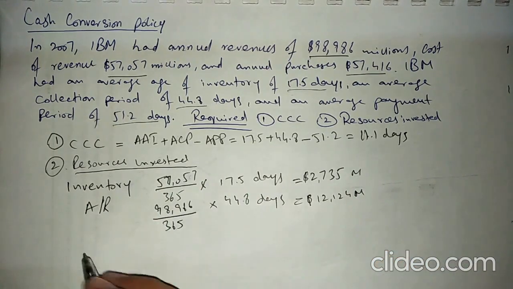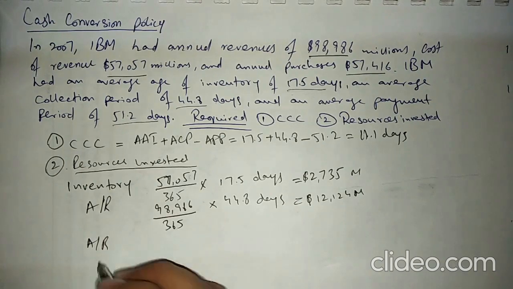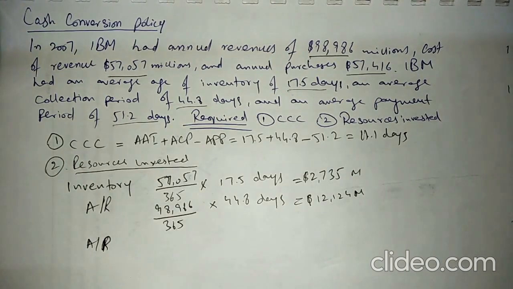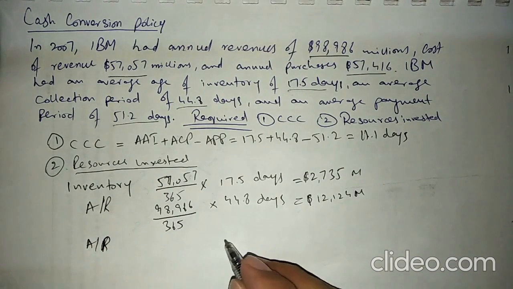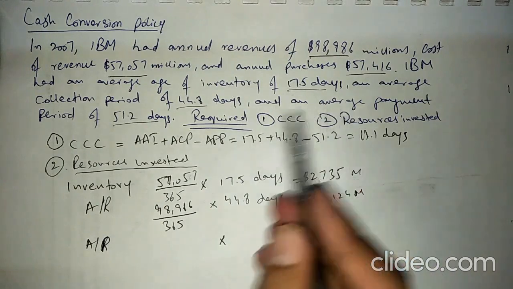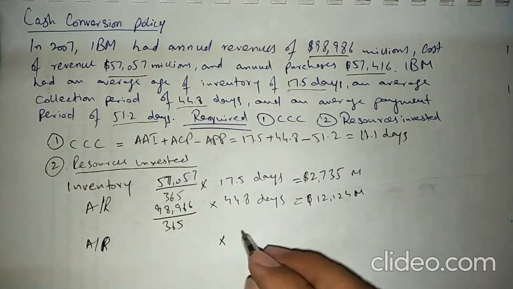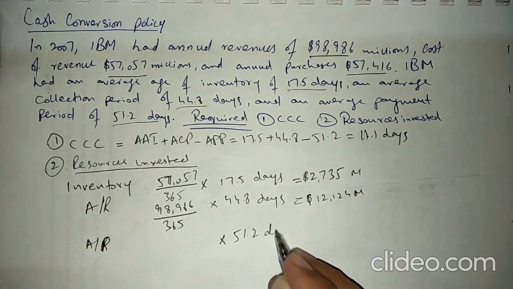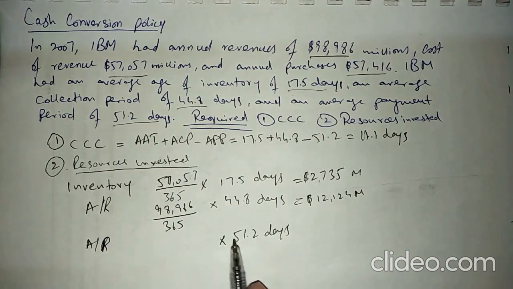And third is accounts payable. Accounts payable is related to the average payment period, and the average payment period is 51.2 days. So it means that right now IBM is on average paying its dues to suppliers after 51.2 days.